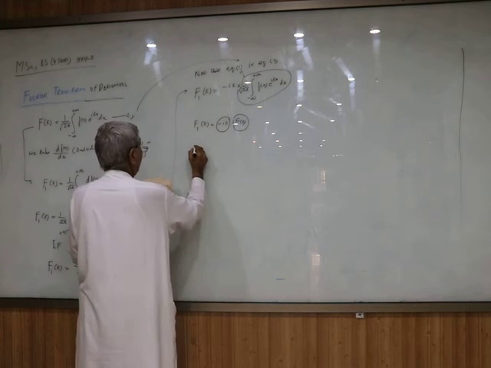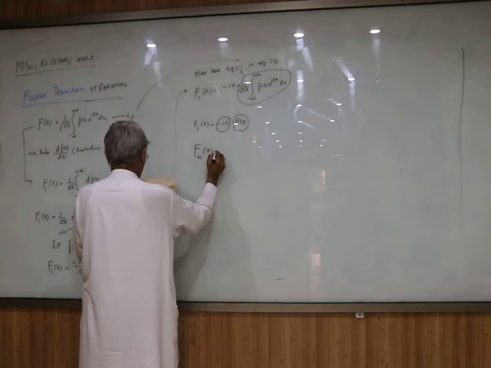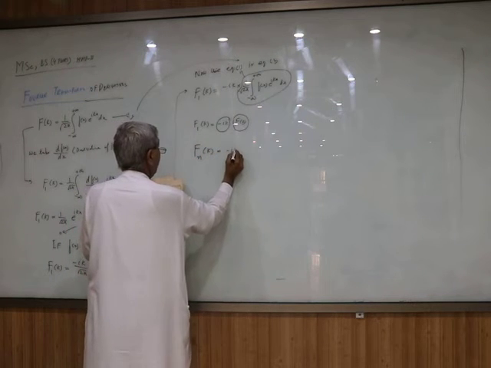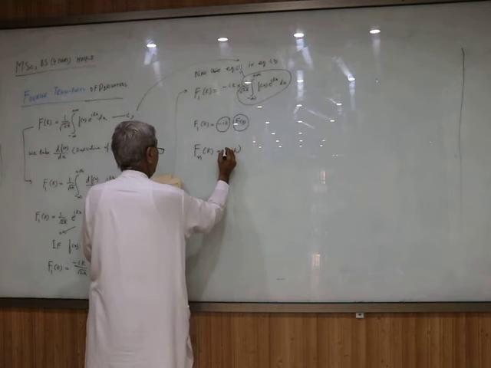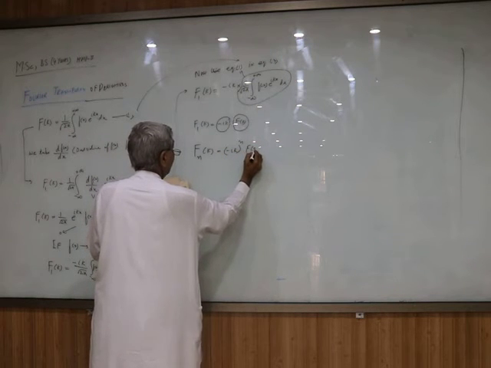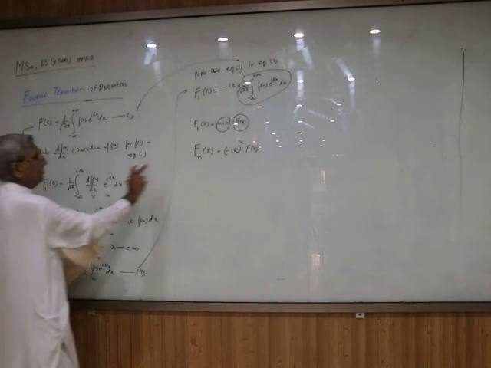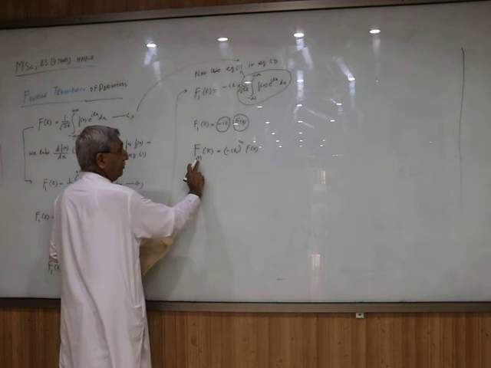And similarly, if you are talking about the nth derivative, then this will be minus ik raised to the power n f(k). That is, if there is a double derivative, then it will be squared here and it will be f2.